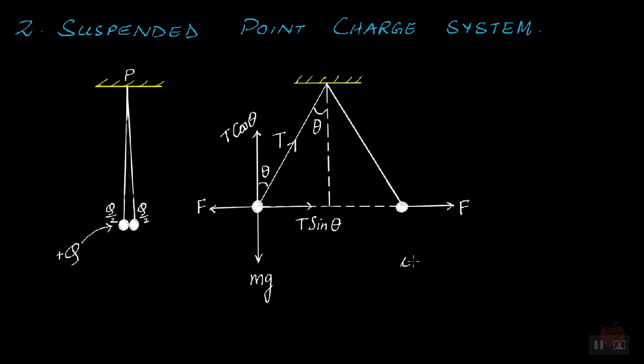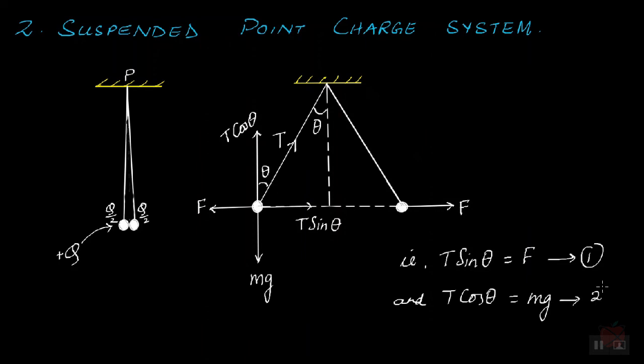Got it? Since this is now in equilibrium, the opposite forces will balance each other. So T sine theta will be equal to the opposite force F. That is equation 1. And T cos theta will be equal to the opposite force mg. That is equation 2.